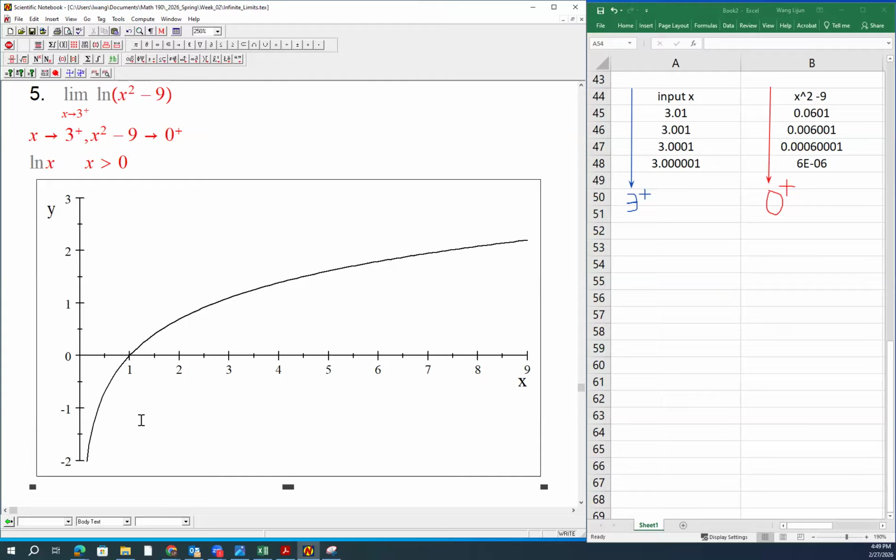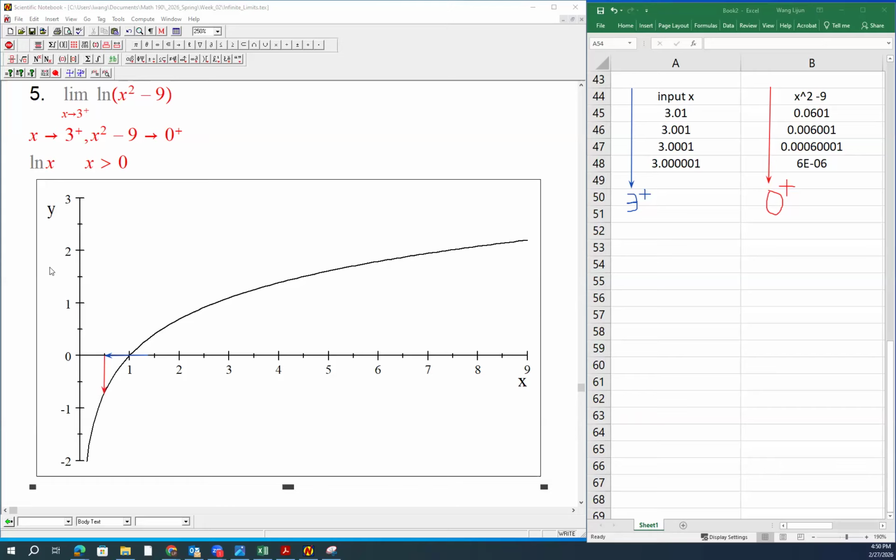Also, from the graph, you can see that as the input gets closer and closer to 0, the output gets lower and lower.